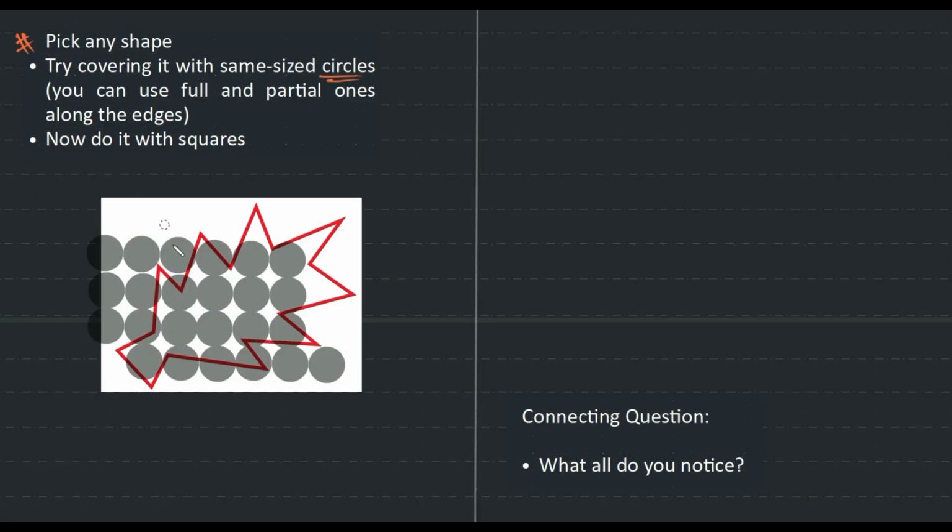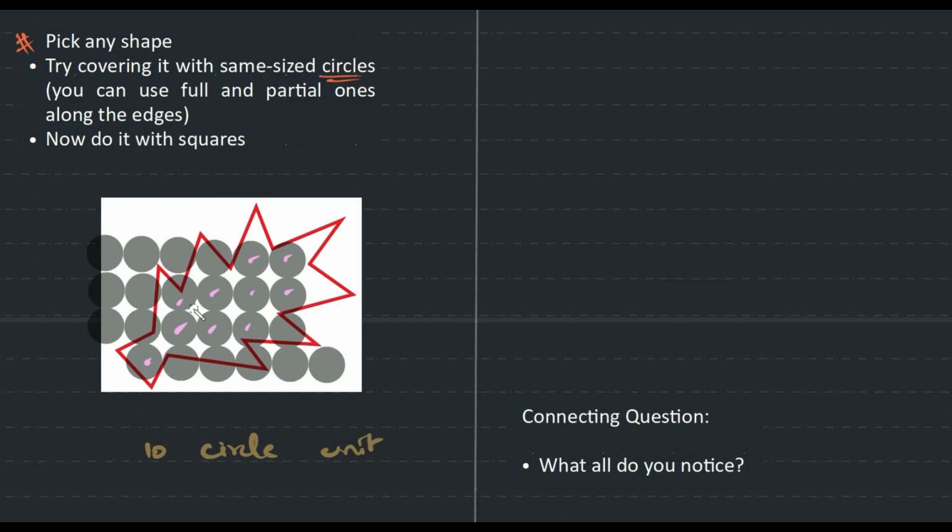So let me see. This can be one full circle. This is one more, one more, one more, one more, one more, one more, one more. So basically I can say this is 1, 2, 3, 4, 5 or 3 plus 4, 6, 9, 10. I can tell it is made up of 10 circle units. Can I tell that? I kind of can, but there is an issue. What is the issue? Well, we are trying to figure out the area that this particular shape occupies.